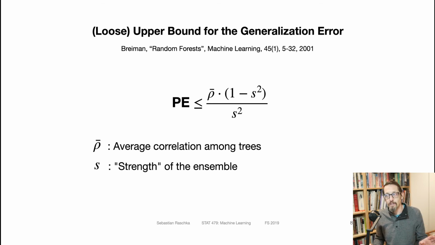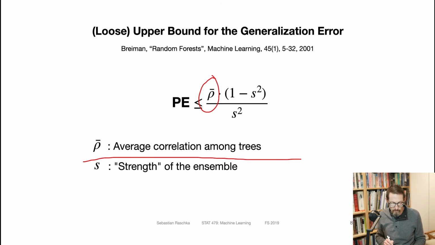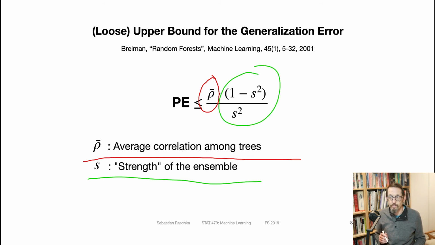I don't want to get into what this magic equation is. What I want to draw out is this relationship. It's in terms of the average correlation among the trees versus the strength of the ensemble.